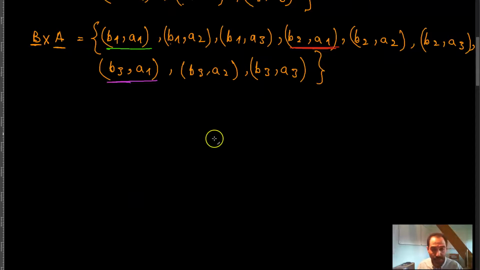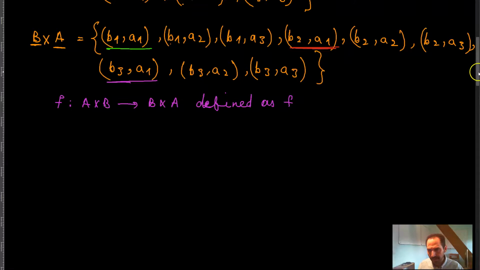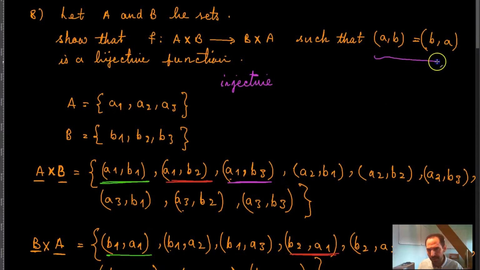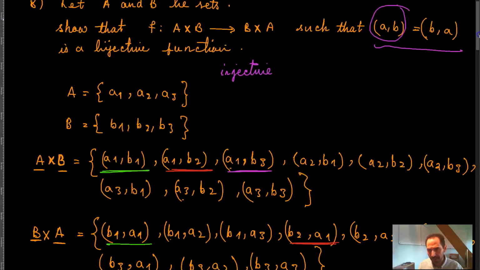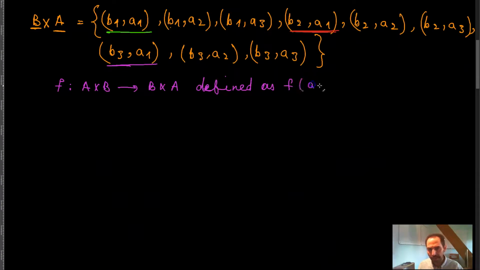We know that f is a function from A times B to B times A, defined as f of A comma B is equal to B comma A.